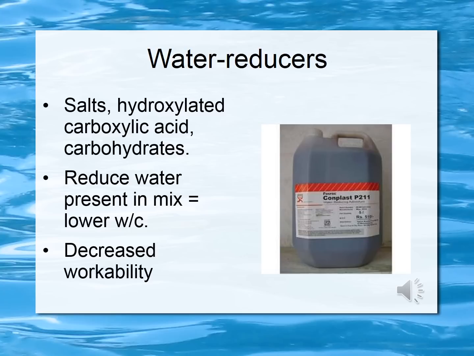By decreasing workability, you are also reducing the chance of possible segregation in underwater concreting. Water reducers are mainly composed of salts, different types of acids, and carbohydrates, and are generally found in liquid form.